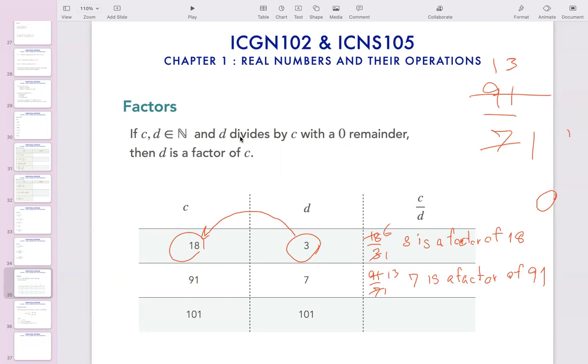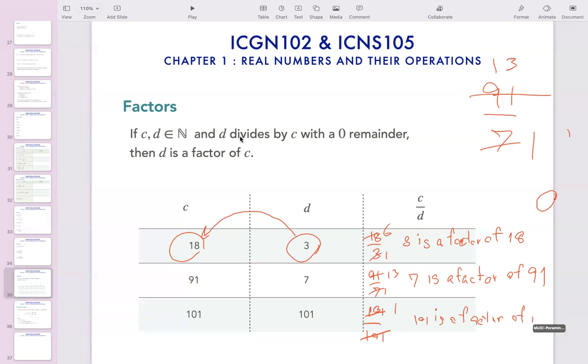Then Sahapat, where is Sahapat? Is 100 a factor of 100, oh sorry, is 101 a factor of 101? Why is that? Yes, it can be divisible by 101 and there's no remainder, so 101 divided by 101 gets 1 without the remainder.